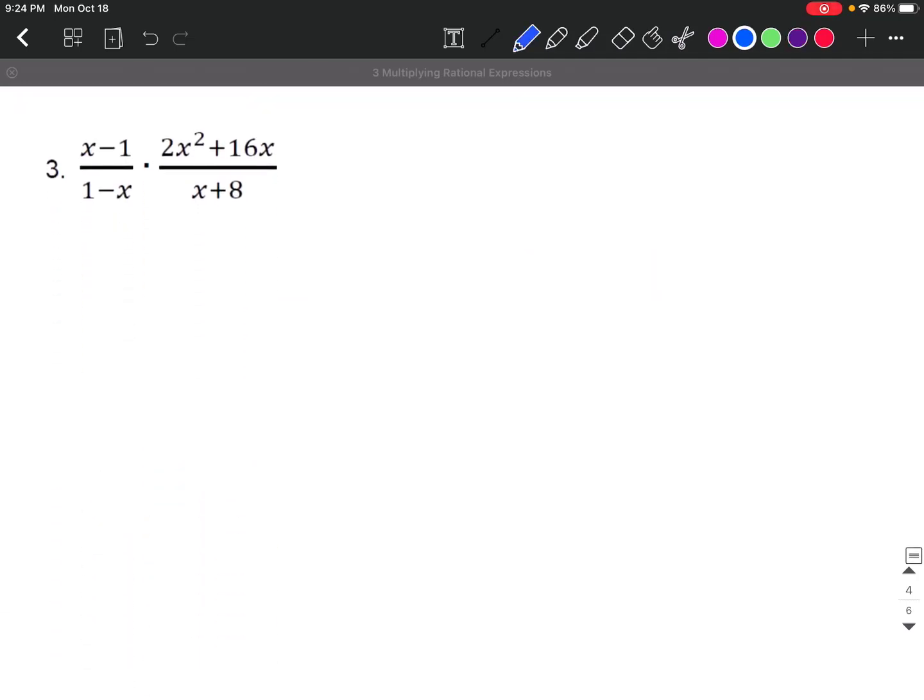Okay, now this next one is a real important one. Well, the first fraction, we're going to keep this, x minus 1 over 1 minus x. We're going to keep that for now. The second fraction, there's a greatest common factor here. What goes into 2 and 16? That would be a 2. And they both have a common x.